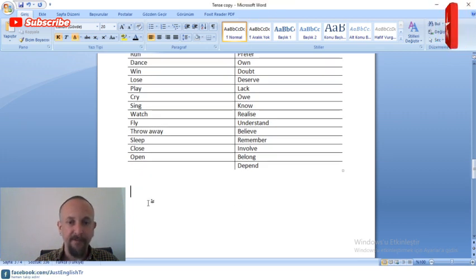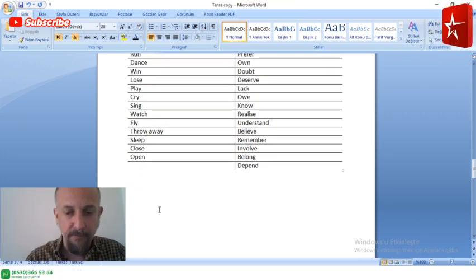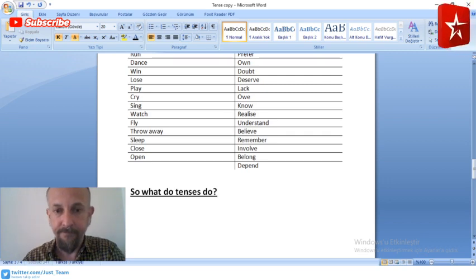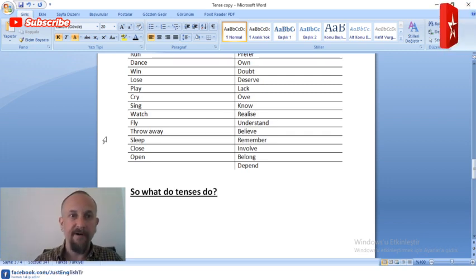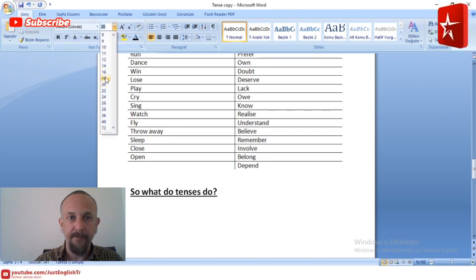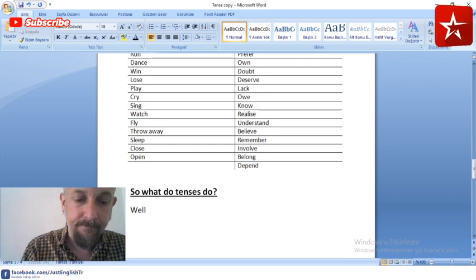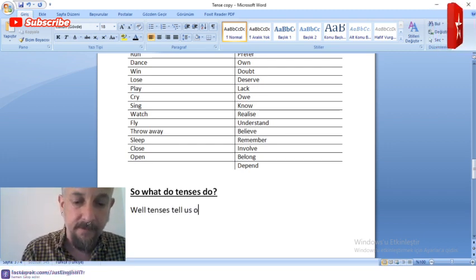So let's move down here. So, what do tenses do? What's their actual function? I'm going to quickly take these away and reduce the number to 18. What do tenses do? Well, tenses tell us one of two things.